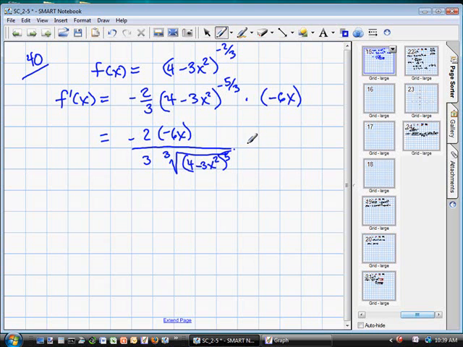And then the top just becomes what? 12x? Actually, we can simplify, can't we? 12, we can cancel with the 3 and just get a 4. So I will rewrite this one more time.